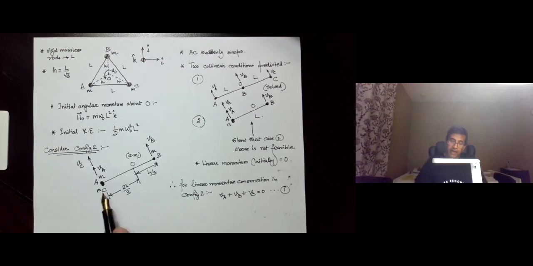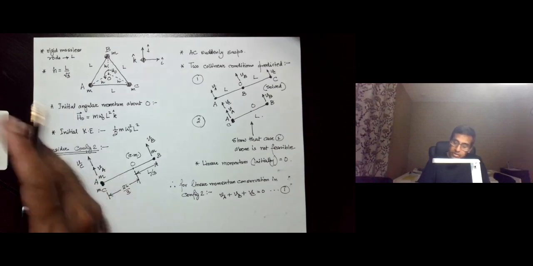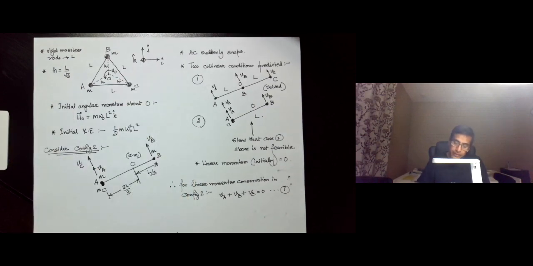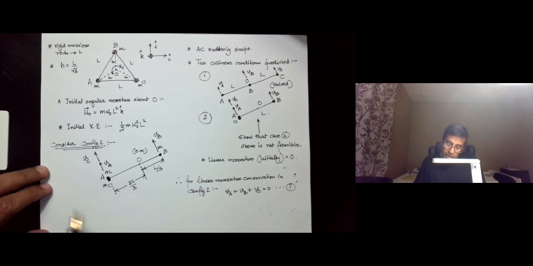Now note that my sign convention is that the velocities are being considered positive in this direction, going upwards perpendicular to the rod. And because the sum of velocities has to be 0, I'm expecting that some of these velocities are going to be positive and some are going to be negative, so that the sum is equal to 0.